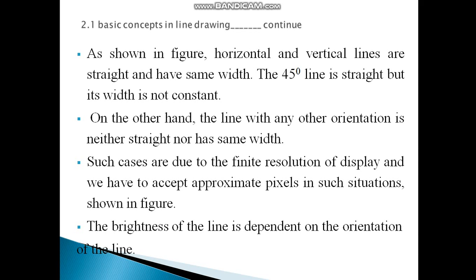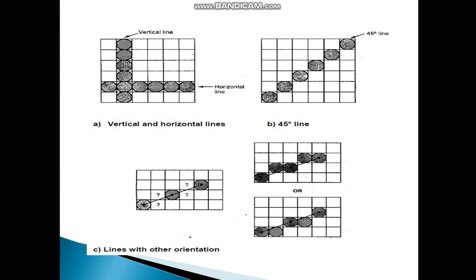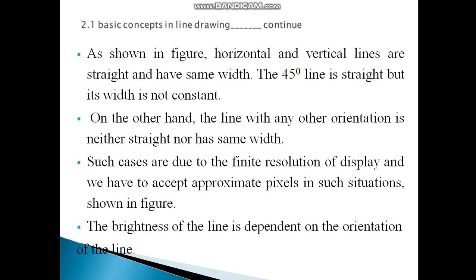On the other hand, a line with any other orientation is neither straight nor has the same width. Means in the third diagram, that is a line with other orientation, neither horizontal nor vertical, the line is neither straight nor has the same width.